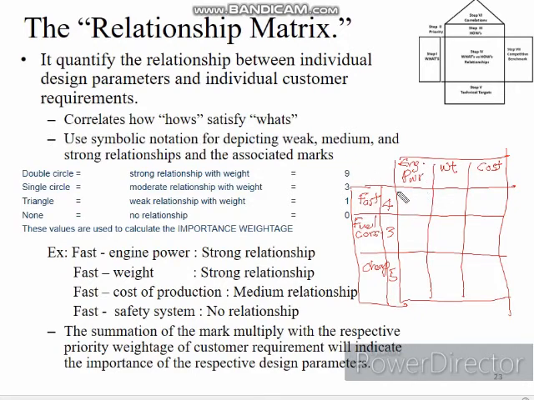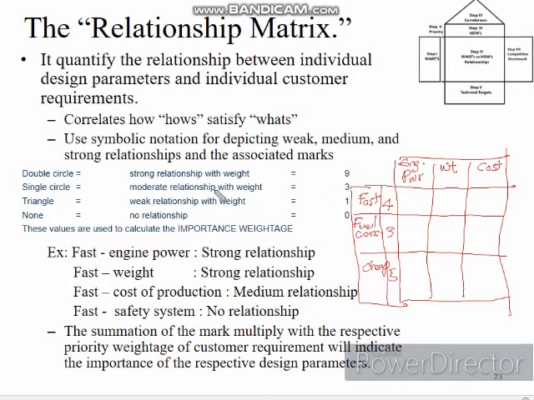In establishing the relationship between the two, we have to put some marks, using symbolic notation for depicting weak, medium, and strong relationships and the associated marks. So usually we put a symbol in here, and that symbol indicates the strength of the relationship between the customer requirement and that particular design parameter.